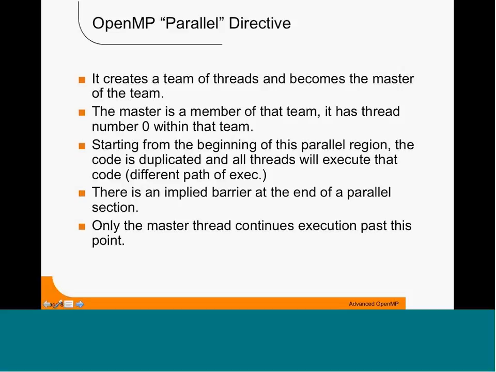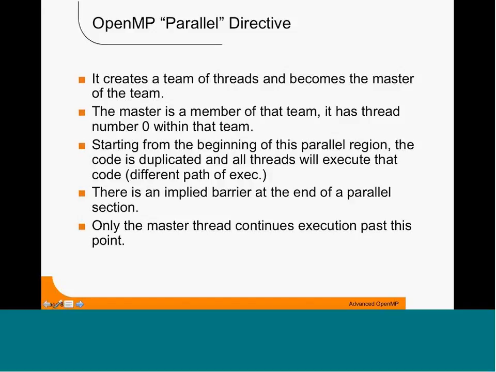While other directives don't create any threads. The first thread, which is going to be thread number 0, is called the master. And then after it enters the parallel region, the code is going to be duplicated, and all threads are going to execute the same code segment.